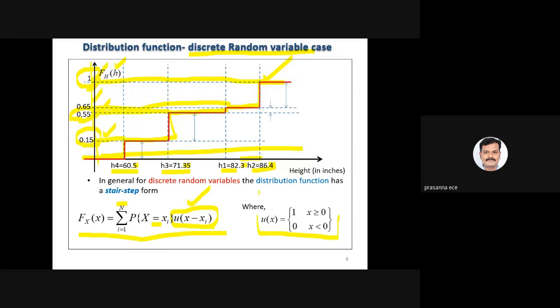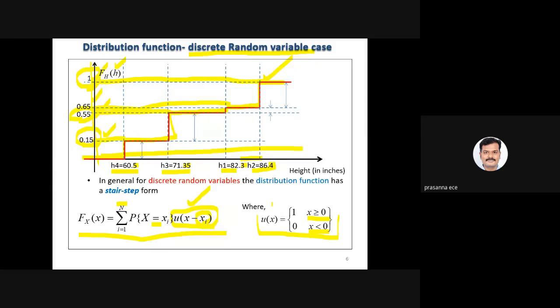So u of x is the unit step function, which is equal to 1 for values of x greater than or equal to 0, and 0 for values of x less than 0. Now you have to observe we are introducing a shift here. We are shifting the unit step function u of x by an amount equal to xi. What we are doing here is shifting the function from the origin to a particular point xi.